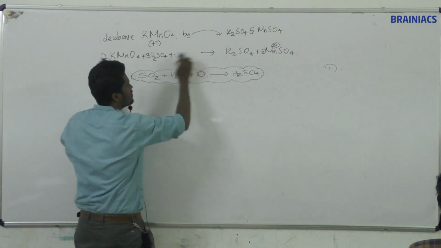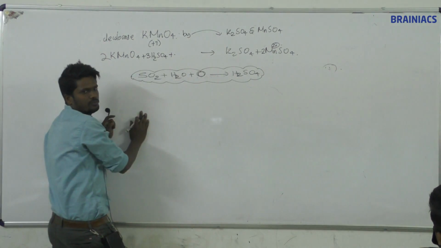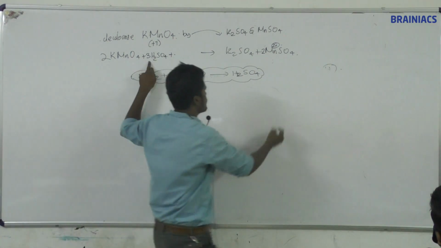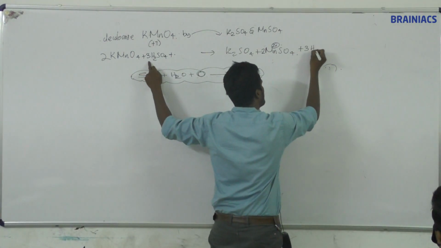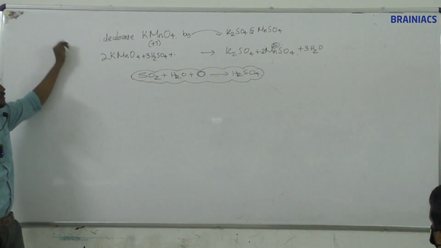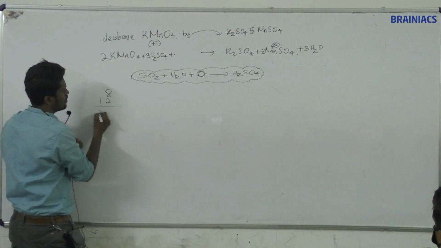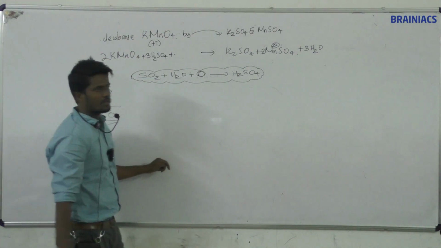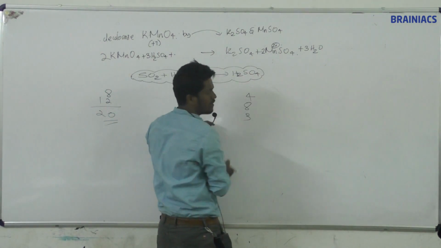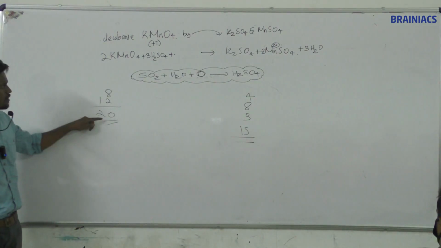How many SO4? 3, so 3H2SO4. How many oxygen are used in total? How many oxygen are required here?